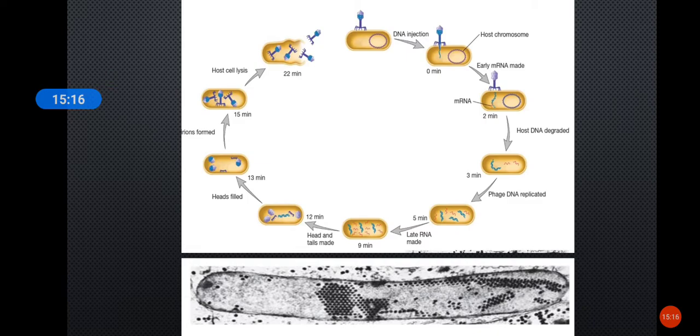Then the phage DNA is replicated. Then the late mRNA is made. Then the late gene products, that is the head, tails, etc., are made. Then the heads are filled with the genome, and then the mature virions are formed, and then the host cell will lyse.